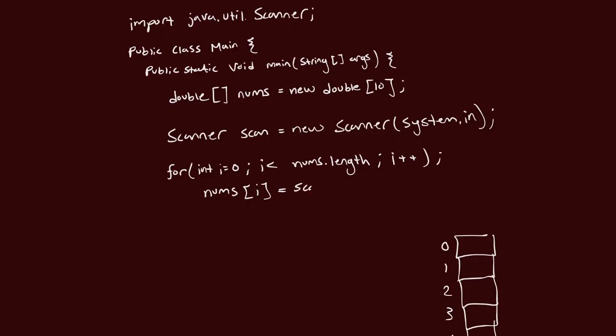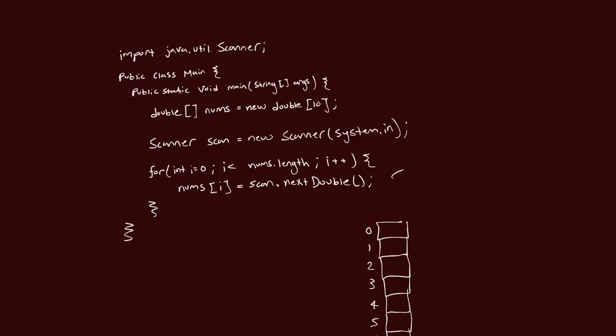Then we do a scan dot, I have to put in doubles in my array, so scan.nextDouble. Oh, and the for loop has to be like this. Okay.